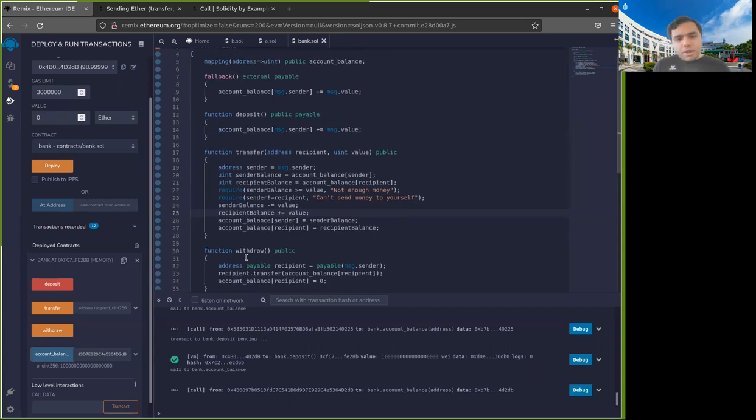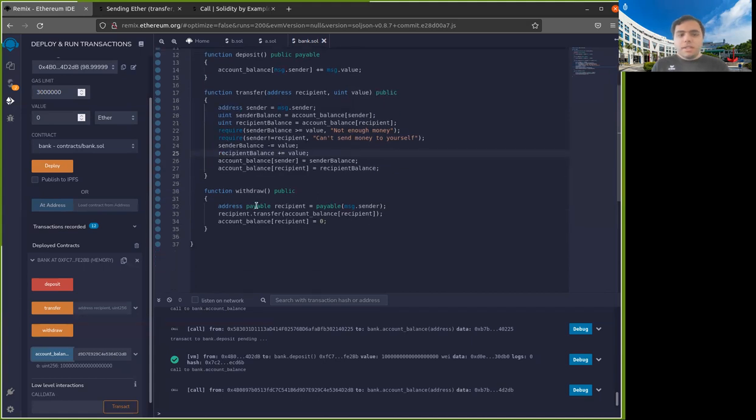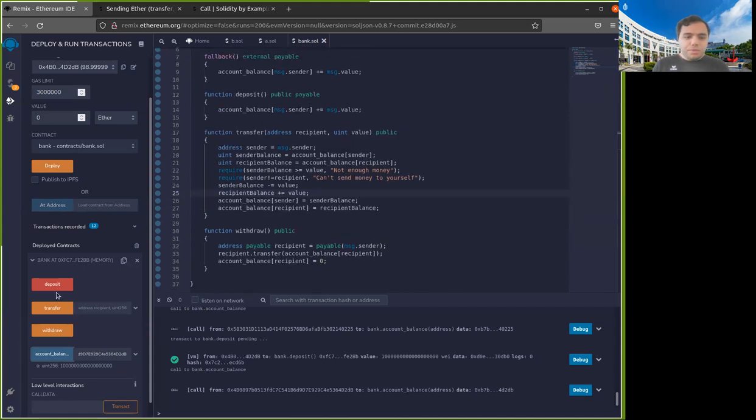So if I can somehow trick this contract to pay me more than my 1 Ether, this contract is actually able to pay me up to 6 Ether. And that's what I'm going to do. I'm going to transfer 1 Ether to myself. So I have to give this first, and then 1 Ether.